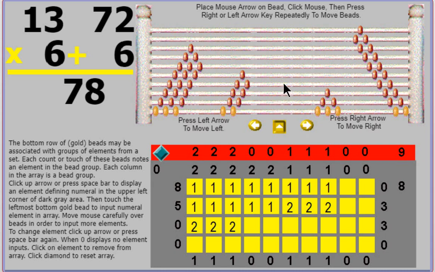Now I have to get my inner product to get my multiple of the base. And here I have 2 times 1 distinguishable elements. So that inner product is 2. And the inner product is 2 for each one of these.